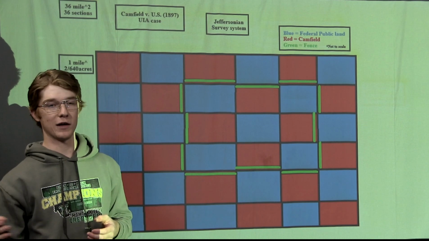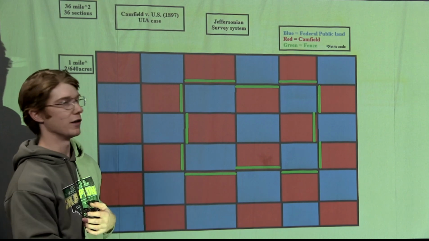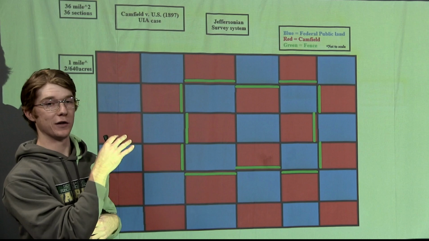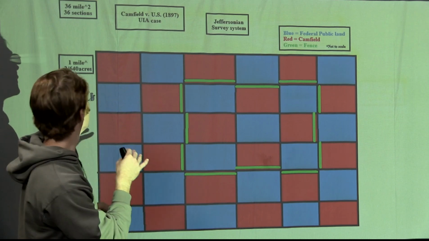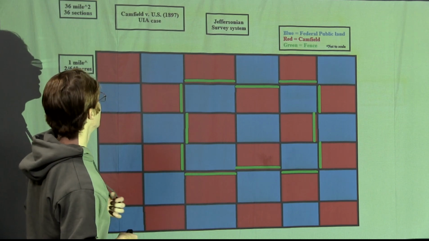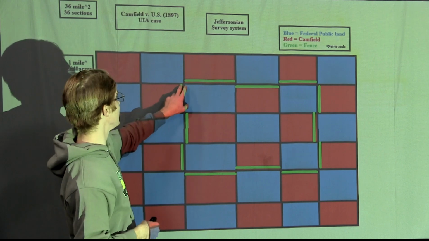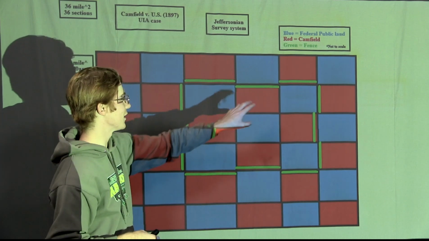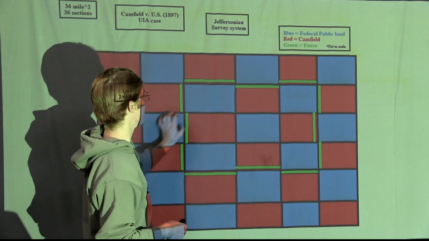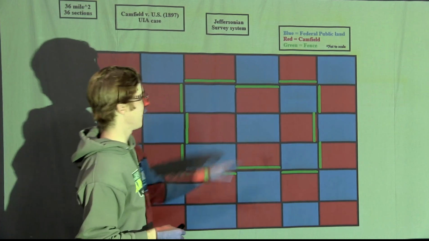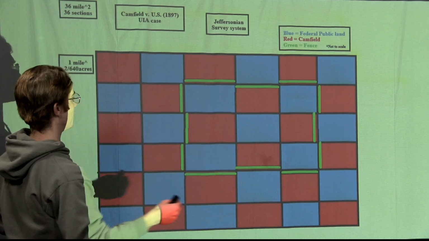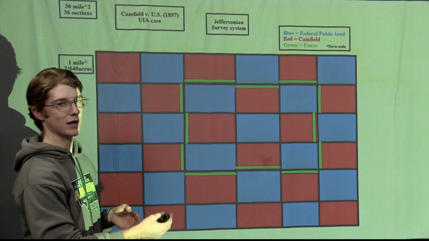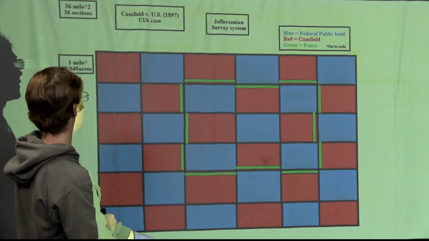The Unlawful Enclosures Act was written and passed before this transpired, but it was definitely applied to this action here when it was taken to court. But essentially, Camfield here, he owns or has at least the right to the red sections, and then here with the blue sections we got federal public land, and obviously this was a swath of land that had fallen within the railroad grants, so we got the alternating checkerboard land ownership pattern.